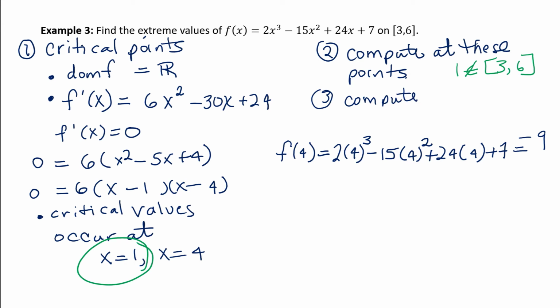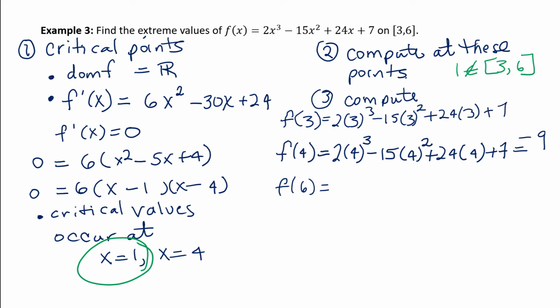And so we need to compute f of 3 and f of 6. So f of 3 will have 2 times 3 cubed minus 15 times 3 squared plus 24 times 3 plus 7.